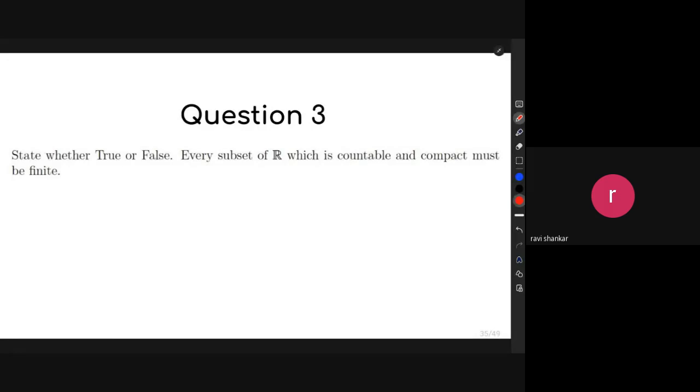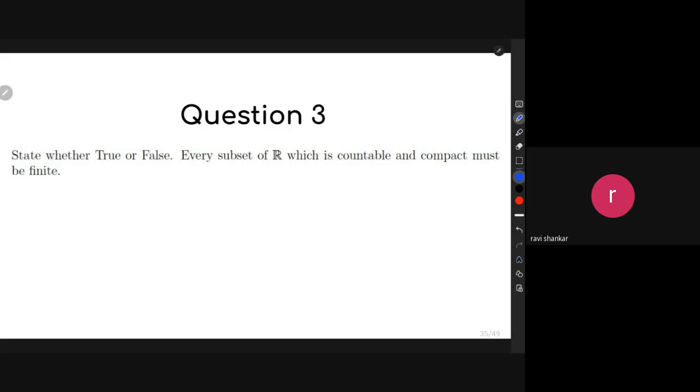Okay. So you're saying this statement is true, that every subset of R which is countable and compact must be finite. What is the definition of compact that we are assuming? Let me first recall the definition of compactness, then we will discuss the question.